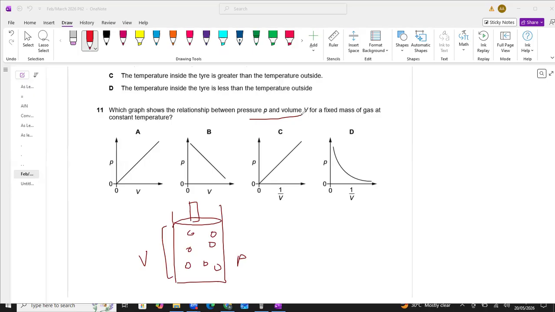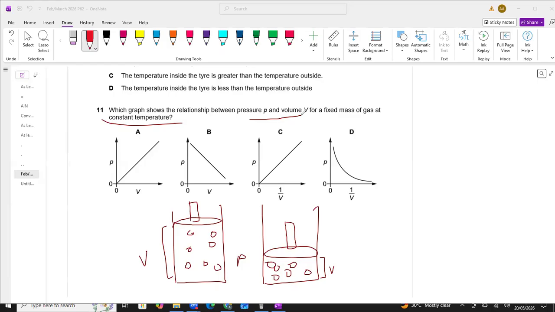Now, students, what I'm doing is applying force on the piston, and the piston is moving downward without changing the temperature, because they have mentioned here that temperature is constant. Now you can see the volume has decreased. So the gas molecules are occupying much less area.